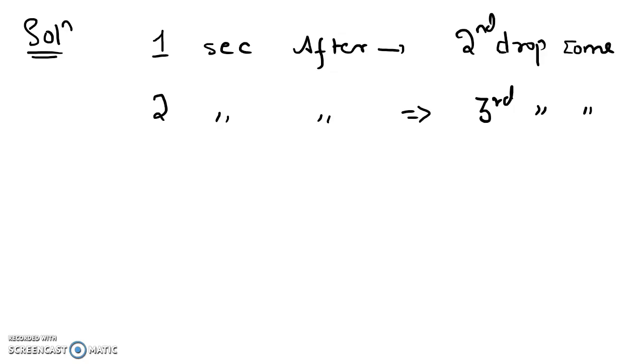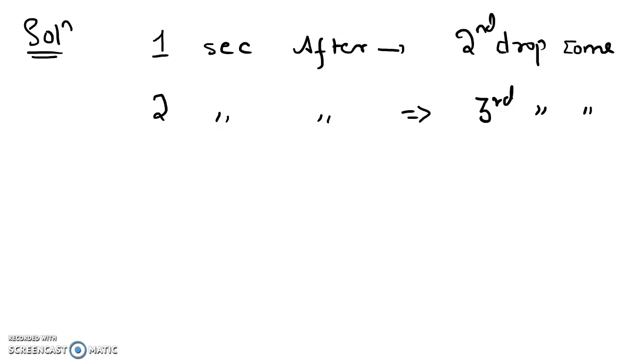So just think: the first drop comes in 0 seconds. That's the point where we started observing the drops. The second drop comes after the first second, and the third drop after 2 seconds.